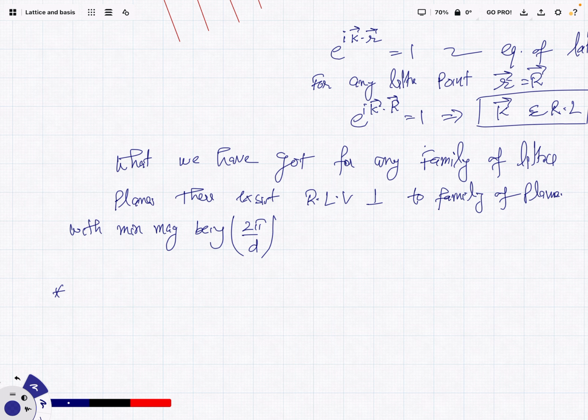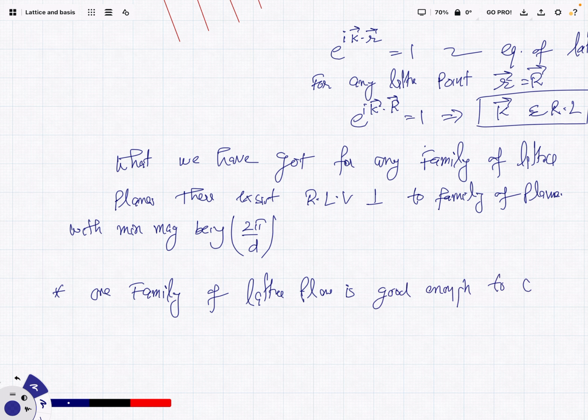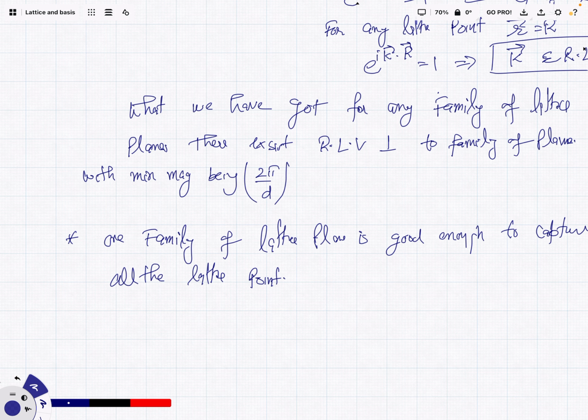That's another claim: one family of lattice planes is good enough to capture all the lattice points. How do I prove it?